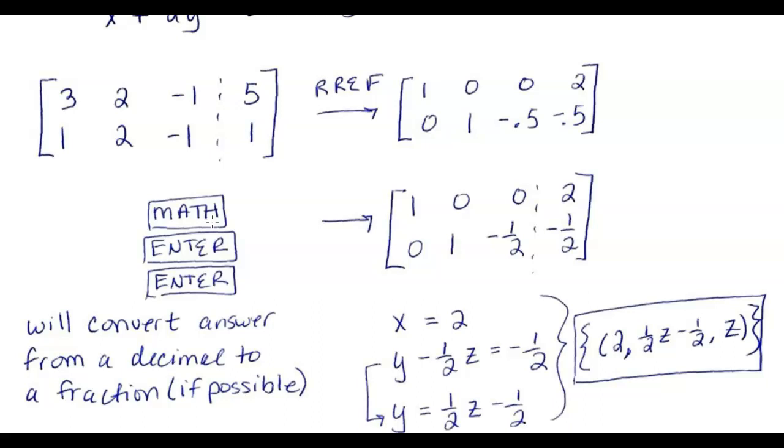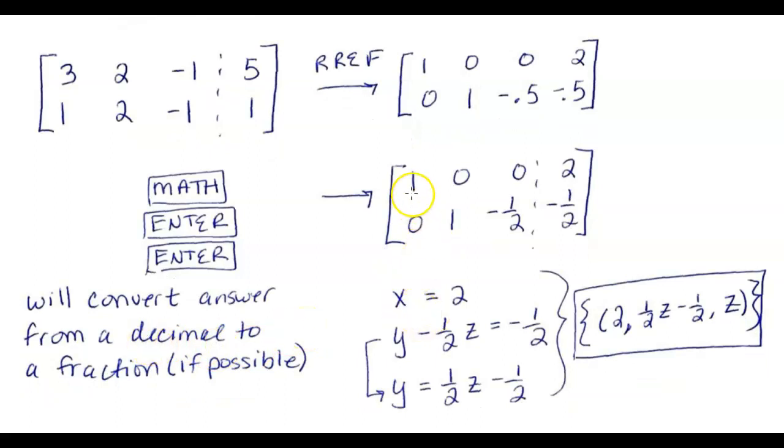You are not going to go into matrix. Just press math, and then press enter twice. And that will convert to a fraction. When you convert that to a fraction, you should see this result: 1, 0, 0, 2, 0, 1, negative a half, negative a half.